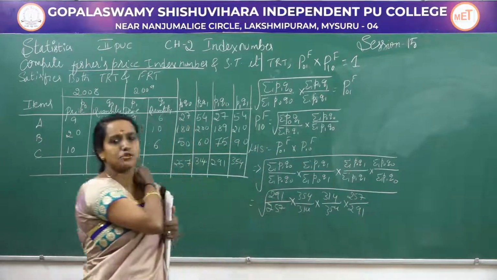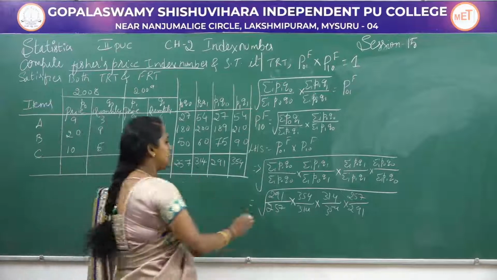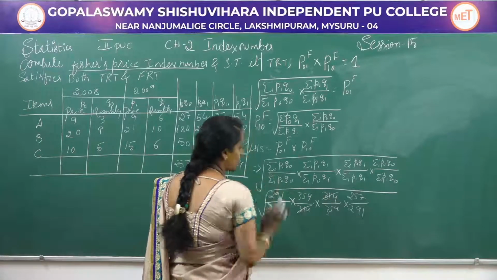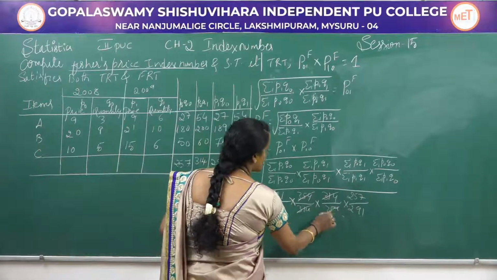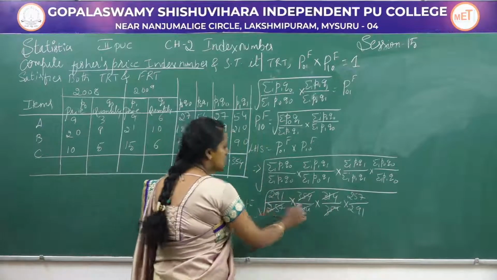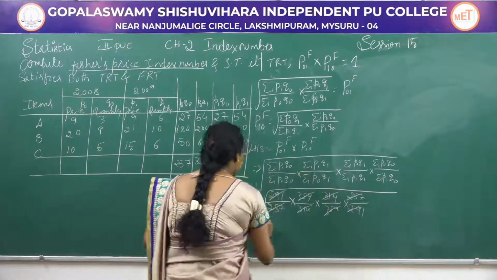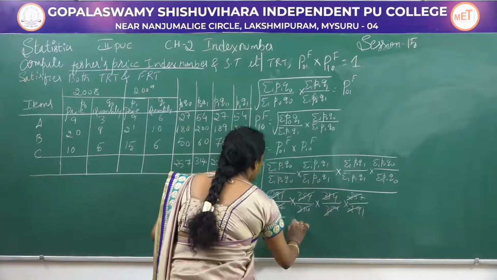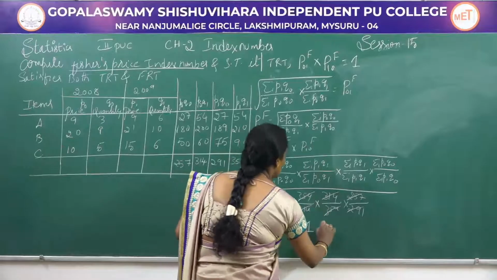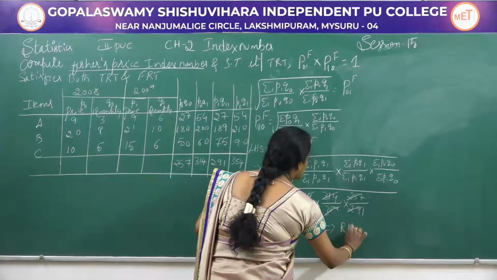So after substituting, now it is time to cancel. 314, 314 cancels, 354, 354 cancels, 257, 257 cancels, 291, 291 cancels. It is square root of 1 or simply it is equal to 1 and this is our RHS.